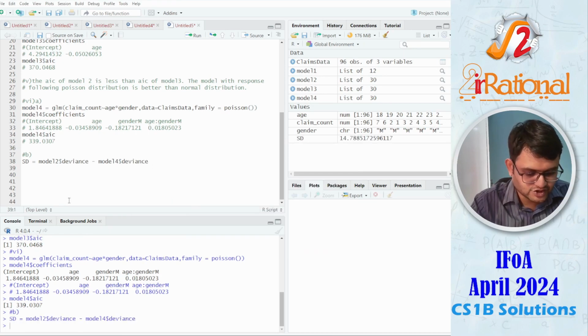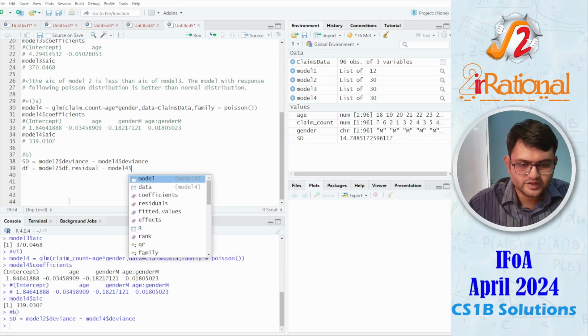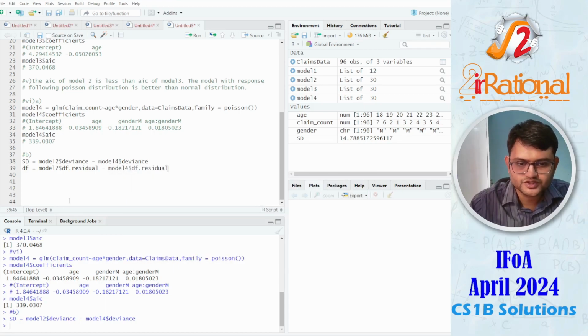So that would give me change in scale deviance. Now change in degree of freedom, model 2 dollar df residual minus model 4 dollar df residual.